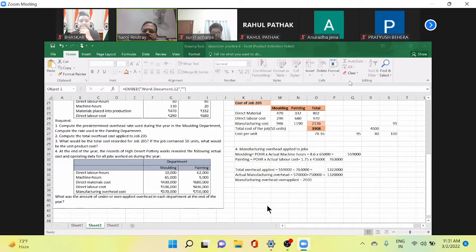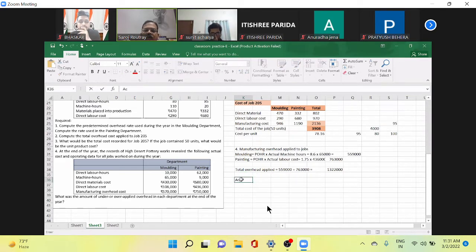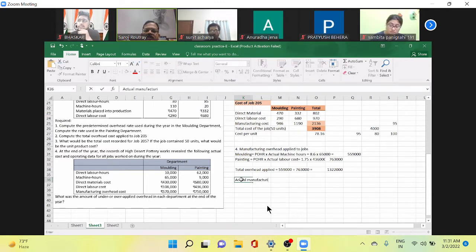All right. So this has come. This I have calculated for the whole department. I would like to calculate it for individual departments, right? So actual manufacturing overhead in molding department.